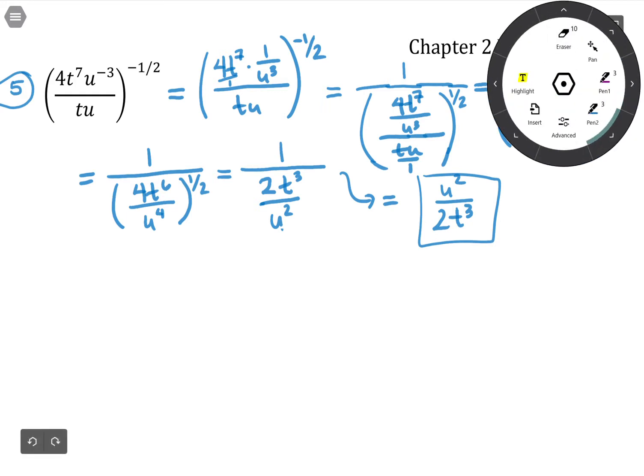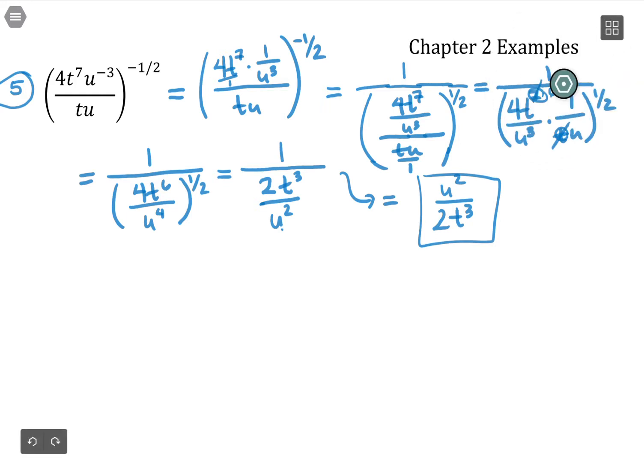I will show you another order, just to give you some options. We could start right off by running that negative 1/2 power through to everything in the parentheses. So we'd have 4 to the negative 1/2 times t to the 7 to the negative 1/2, which you multiply powers, so that's negative 7/2.